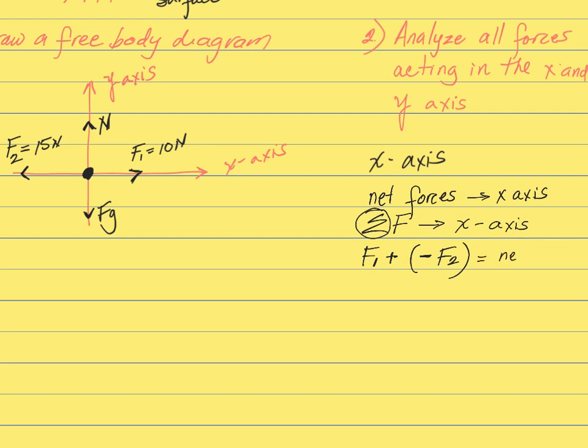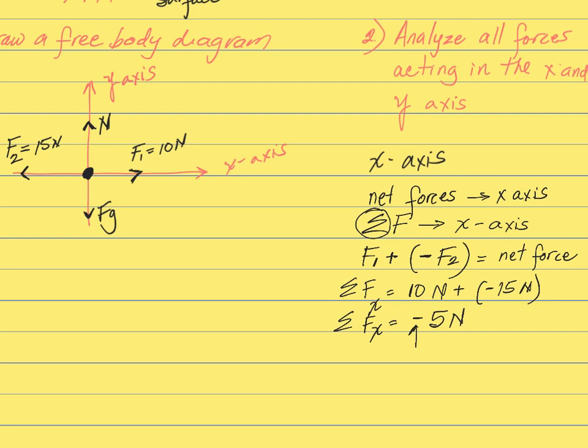That's going to give you the net force acting in the x-axis. Okay, so the sum of the forces in the x-axis, you have 10 newtons plus negative 15 newtons, and that's your net force in the x-axis.